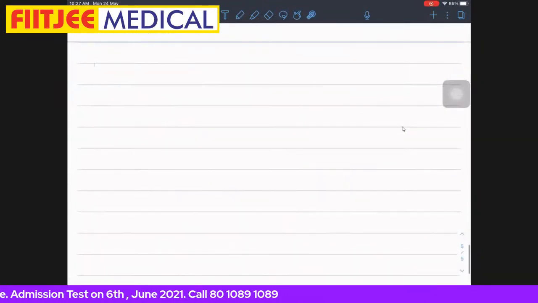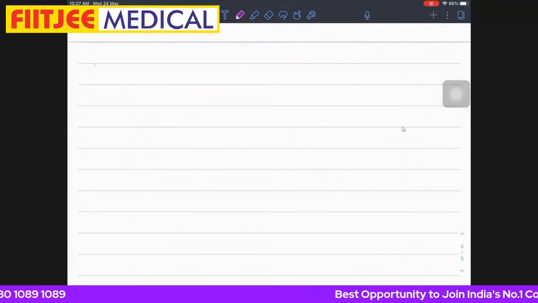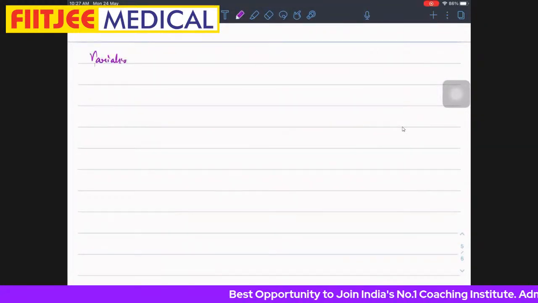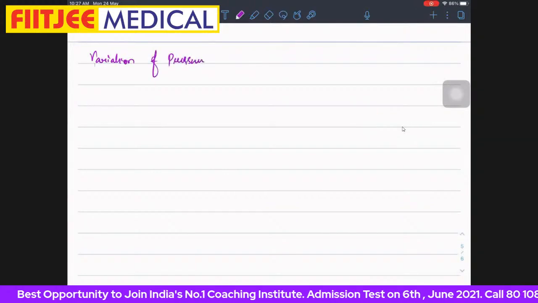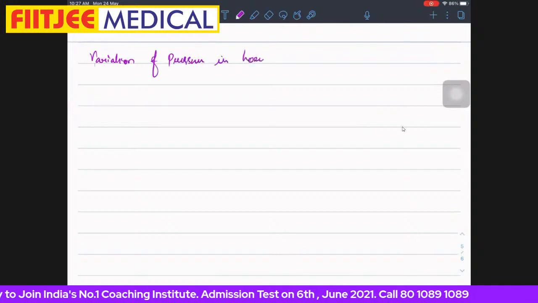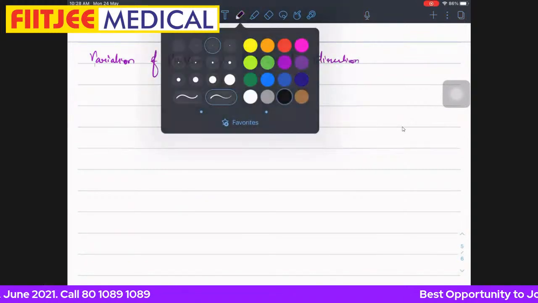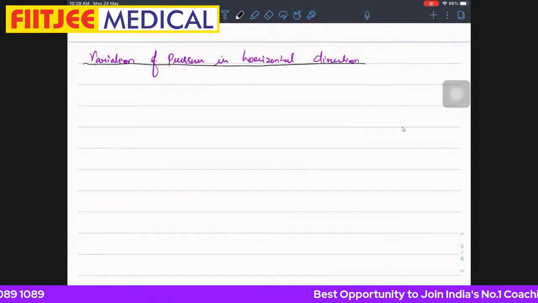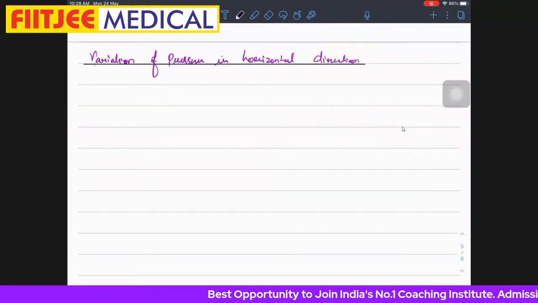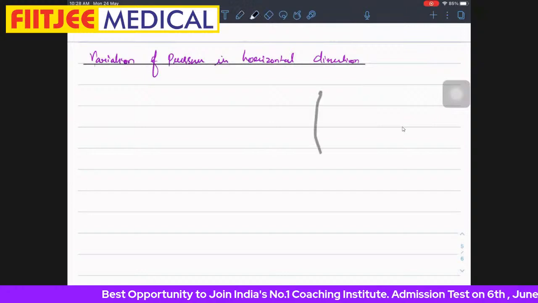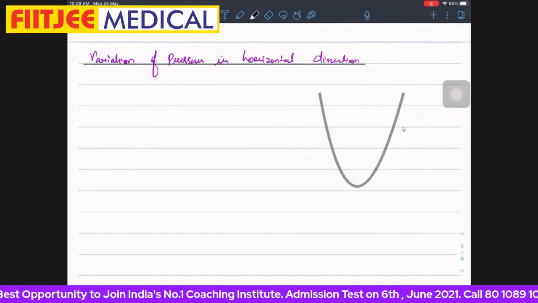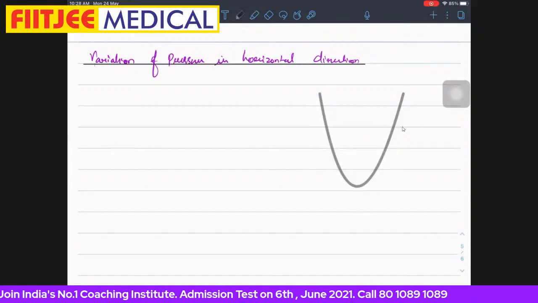Now, variation of pressure in horizontal direction we'll discuss. So suppose same way we'll take a container. In this container liquid is there.